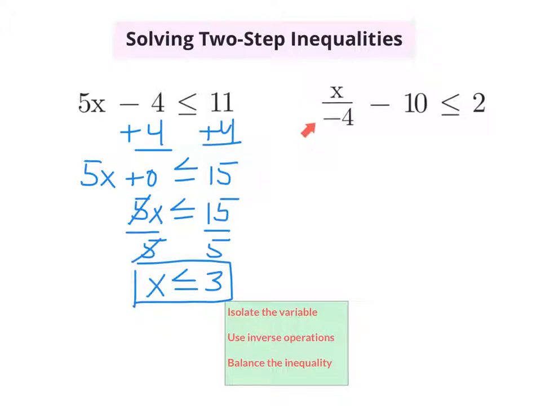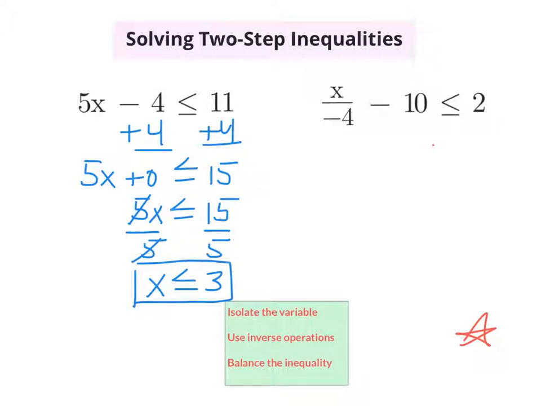Because I'm going to have to multiply by the negative 4, I know that I'm going to have to change that symbol to its opposite, and it's going to become a greater than or equal to symbol. So I'm just going to write myself a little reminder down the bottom that when I finish this problem, I should have a greater than or equal to symbol when I look at my solution.